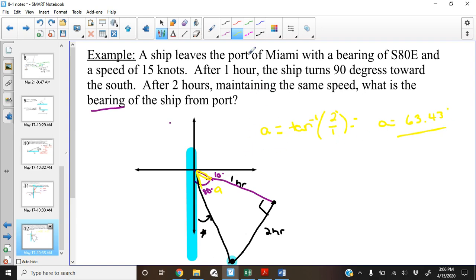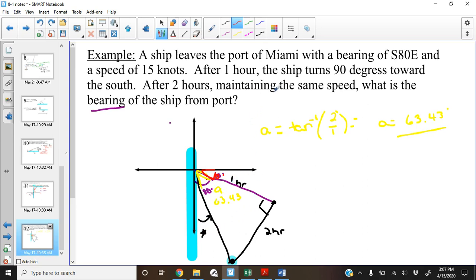Okay, well, if I know 63.43 degrees, and I know this is a little neon, so bear with me. If I know that 63.43 degrees is angle A, I also know that this red angle here is 10 degrees. And I know horizontal and vertical lines always make 90 degrees.